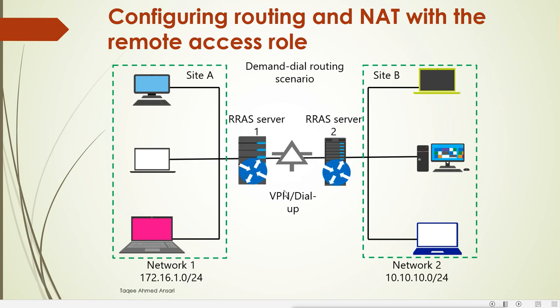We can either use the VPN or dial-up connection to join this remote access server 1 to remote access server 2. So we have to configure the dial-up connection on server 1 and server 2 to connect these servers, and then they connect to site A and site B. So simply it is the VPN doing the VPN connection, which is creating the virtual private network in the internet, and it is connecting LAN to LAN.